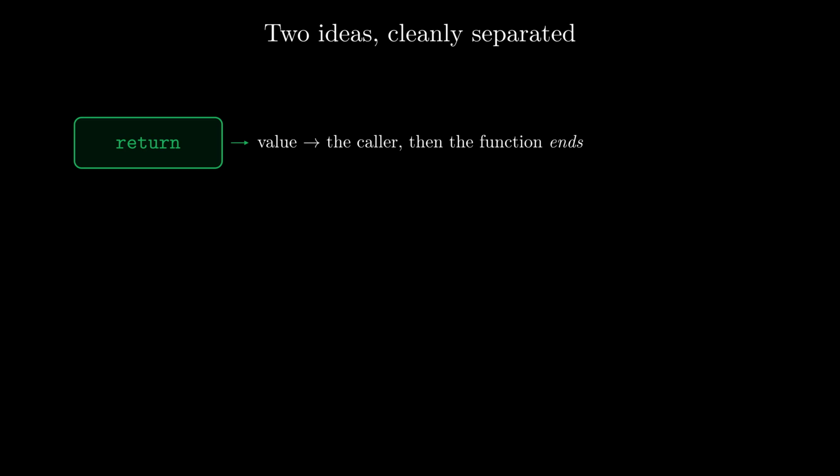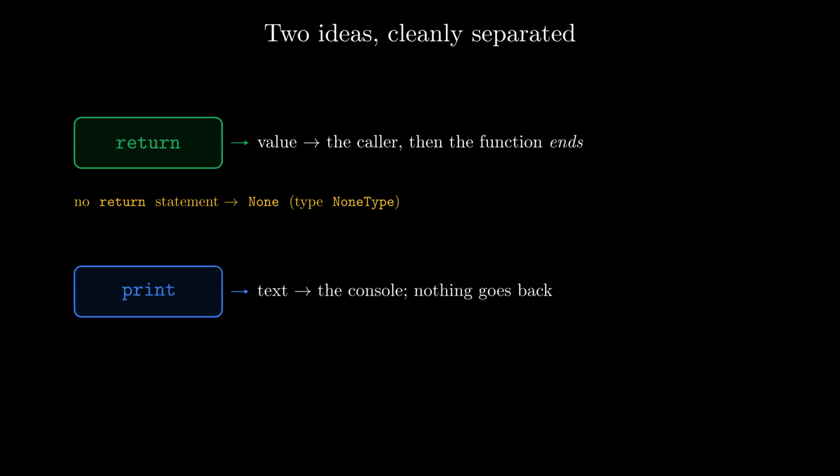Two ideas cleanly separated. Return hands a value back to the caller and ends the function on the spot. A function with no return still hands something back, an implicit None, of type NoneType. Print does the opposite. It sends text to the console and passes nothing back to your program. That is why a stray None in the console is such a reliable clue.